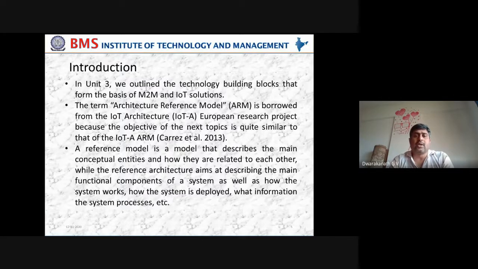A reference model is a model that describes the main conceptual entities and how they are related to each other.